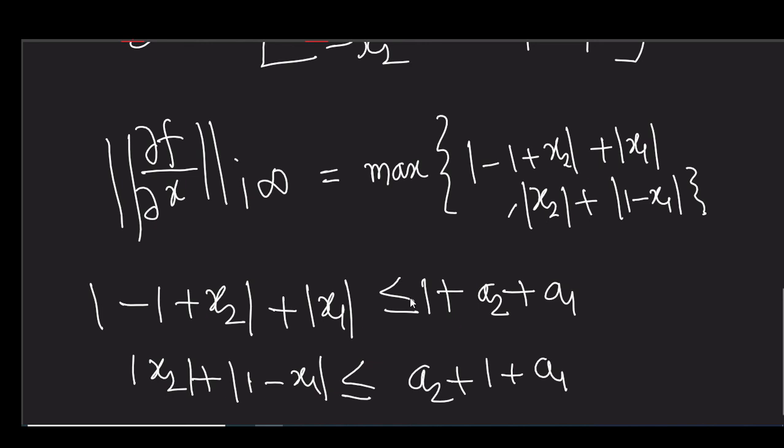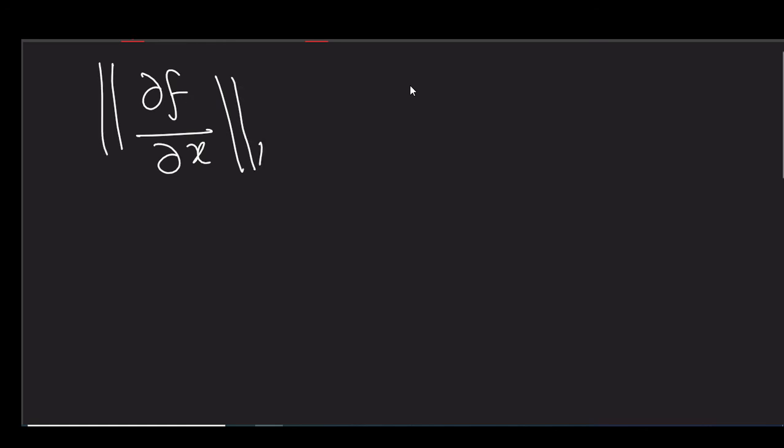Then we can figure out that del x induced infinity norm is less than or equal to 1 plus a1 plus a2.